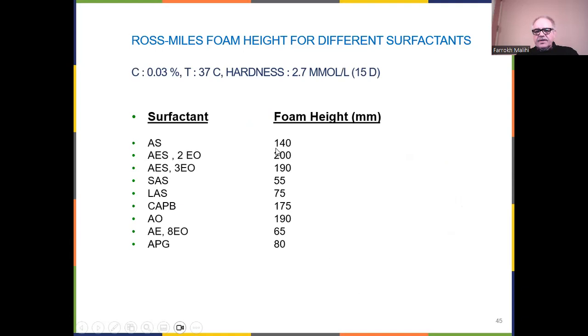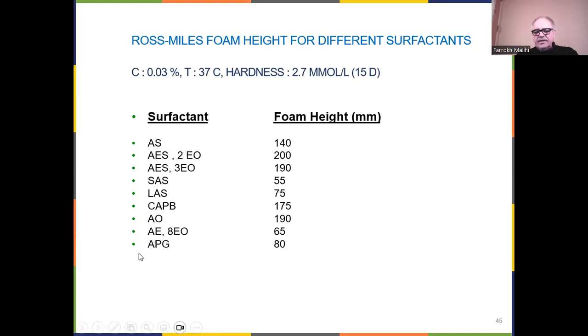Alkyl sulfate has a foam height of 140, alkyl ether sulfate 200. So these generate fairly high foam. That's why these anionic surfactants are used in dishwashing liquids and shampoos, where consumers prefer high sudsing capabilities.